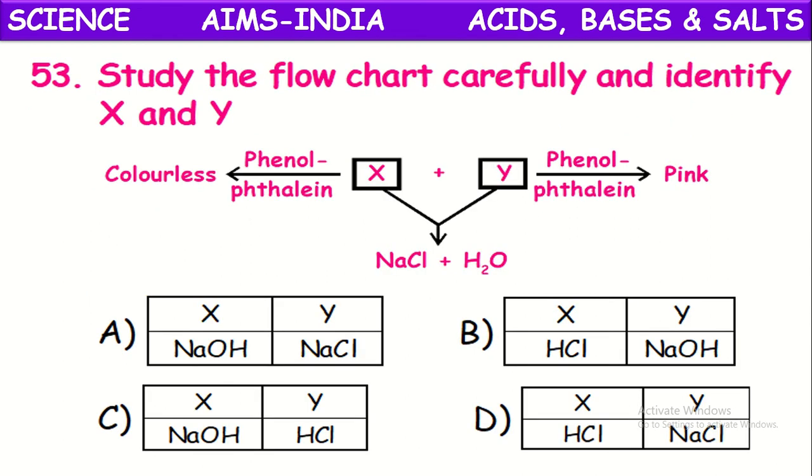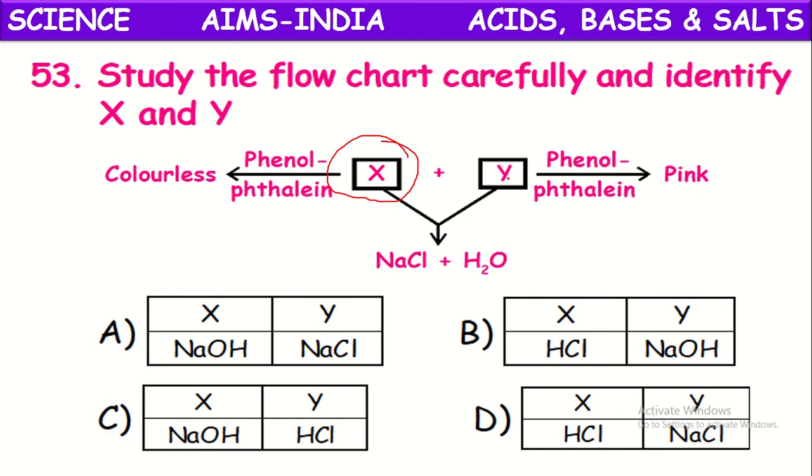Next, study the flow chart carefully and identify X and Y. Colorless phenolphthalein solution is taken. When X is put into the phenolphthalein solution, it shows a colorless solution. It is giving no color with phenolphthalein. Generally, acids give no color with phenolphthalein.